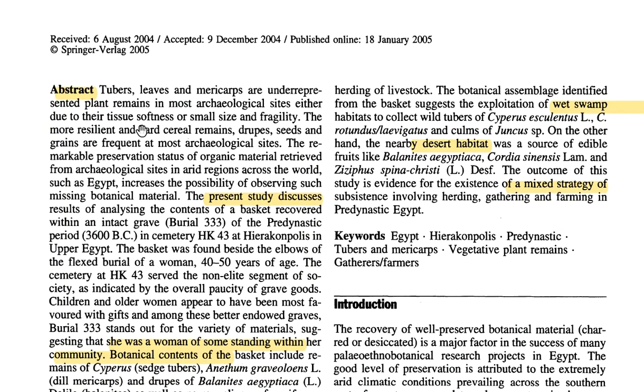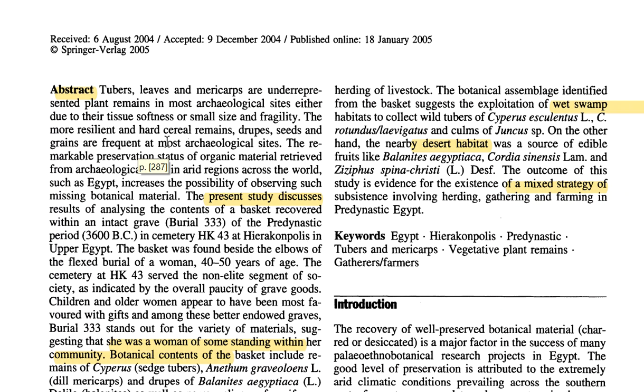So here you've got the abstract. It starts off talking about tubers, which are usually plant roots, leaves, and mericarps, which are parts of seeds. They can be whole seeds, but they're usually parts of seeds that are difficult to find because they're soft. In ancient Egypt, you have lots of material that's made out of stone because that lasts, or metal, usually because that lasts.